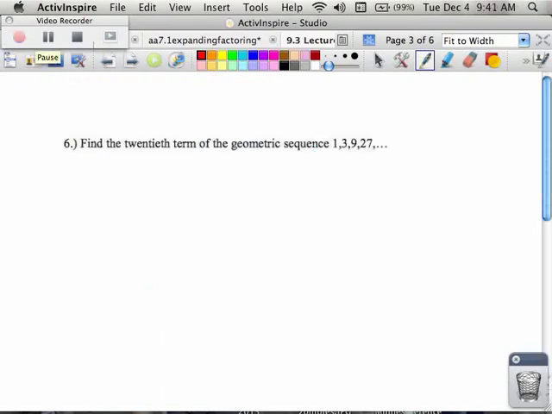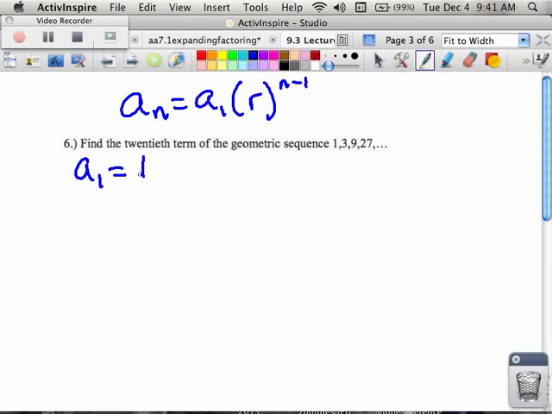So here's a particular problem, number 6, where you definitely don't want to do this by hand, going first, second, third, fourth. So I'm going to use the formula. If I use the formula, I know that I want a sub n equals a sub 1 times r to the n minus 1. And there's a few things that I know. For example, I know first of all that my a sub 1, right off the bat, is equal to 1.